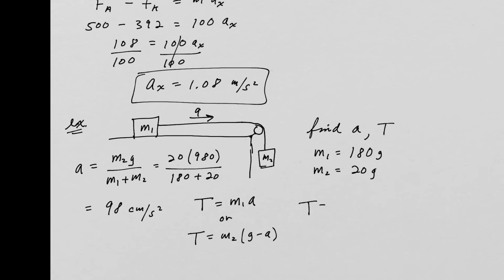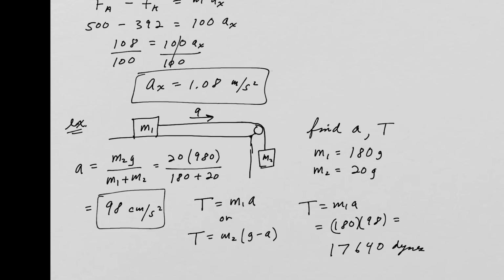So if I use T equals M1A, then this is going to be 180 times 98. And that turns out to be 17,640. And remember, the units for force in CGS units are dynes. So that would be in dynes. So this is the acceleration. This is the tension in the string. We just basically plugged into the formulas that we already had derived.